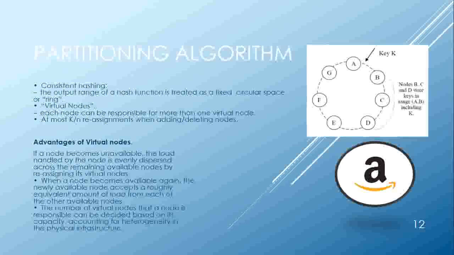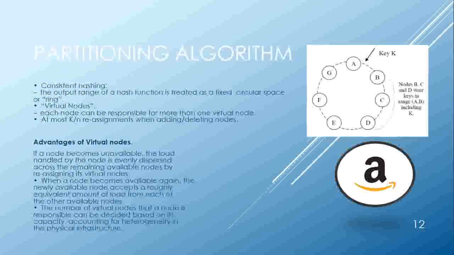When a node becomes unavailable, the load handled by this node is spread across the remaining nodes, so that the load is evenly distributed. And when a node becomes available again, it is put in the right place, and it is assigned some load from the other nodes, so that the load is again evenly distributed.